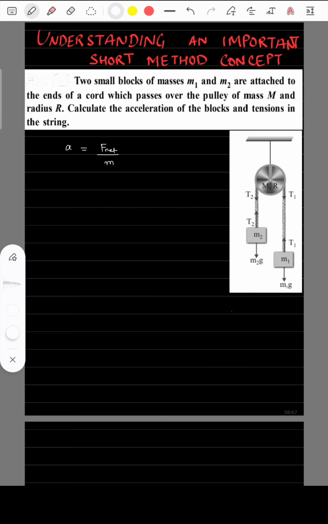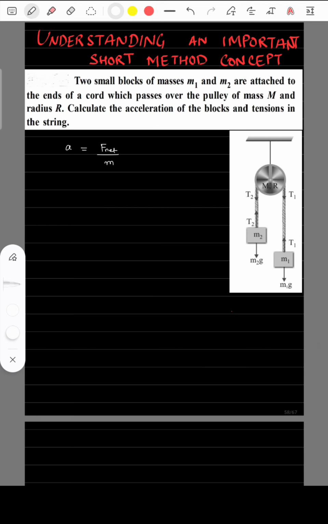In laws of motion, the examiner particularly specifies the pulley is massless. This is because the examiner wants you to ignore the moment of inertia of the pulley. That's why it is written the pulley is massless. Because if the pulley does not have any mass, the moment of inertia of a pulley, considering it a disk, can be written as half mr square.